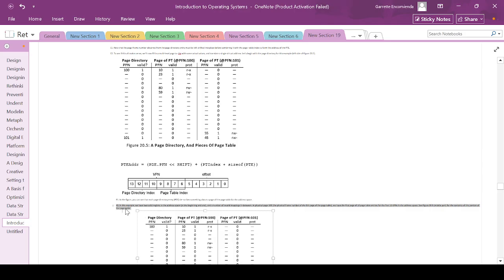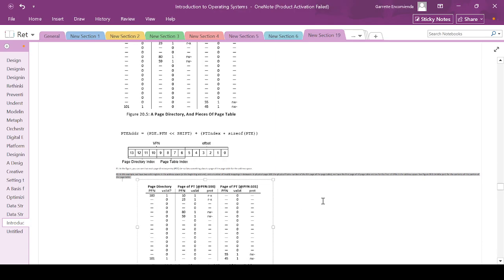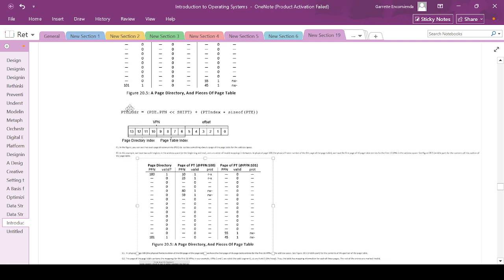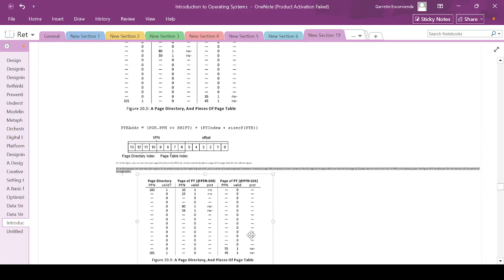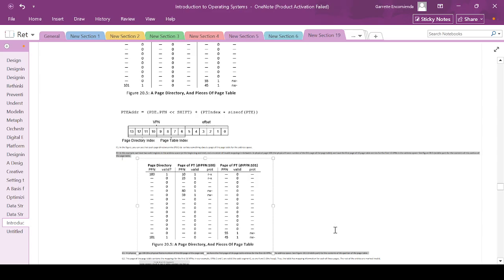In this example, we have two valid regions in the address space, located in PFN 100 and 101 in the page directory, at the beginning and end, and a number of invalid mappings in between.